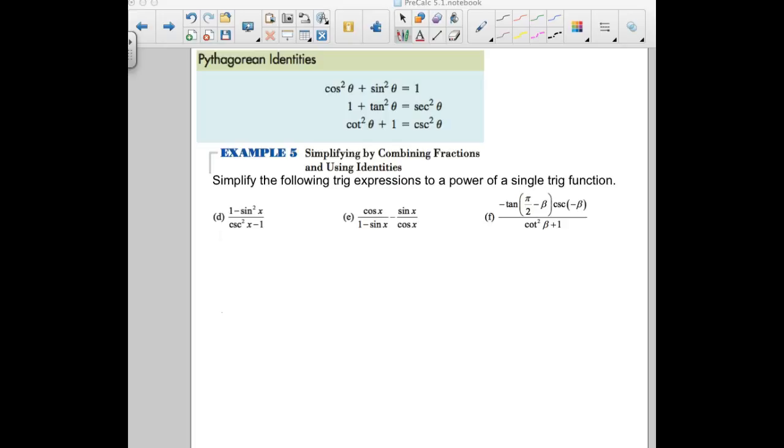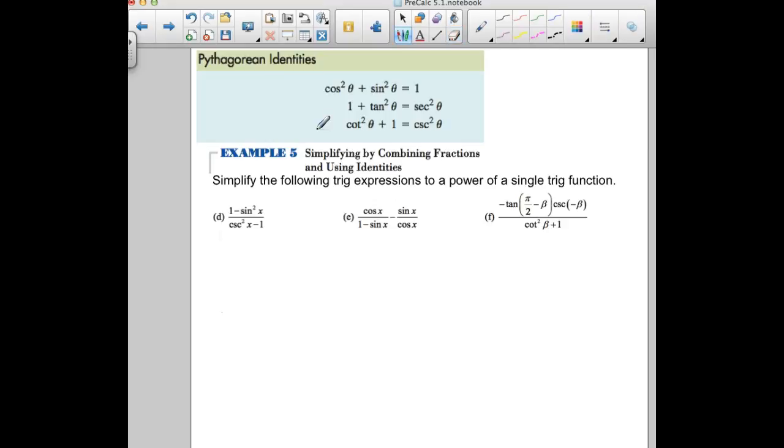All right, so for the first one, notice that there's some squares involved and some ones, which should jog your memory and say, that looks something like a Pythagorean identity. We can take any of these and we can rearrange them. We can solve for, say, the cosine squared in this first one, or we can solve for sine squared.